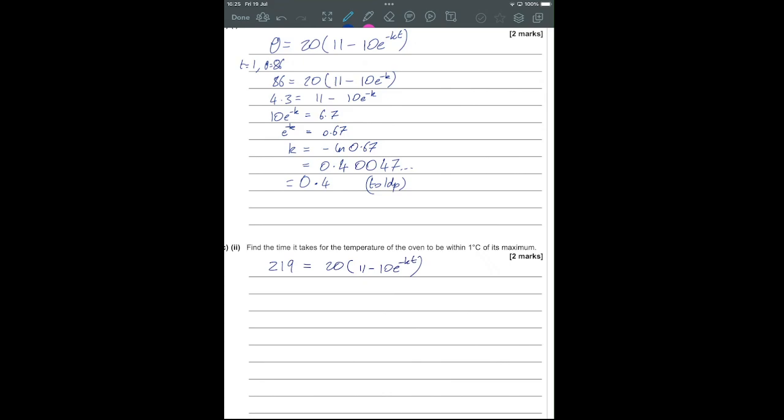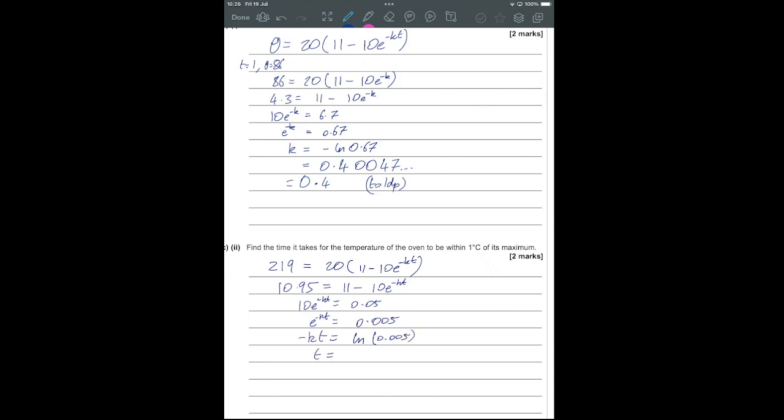So solving that, again, let's divide by 20. 10.95 equals, let's do that same swap, e to the negative kt equals 0.05. So negative kt equals ln of 0.05.